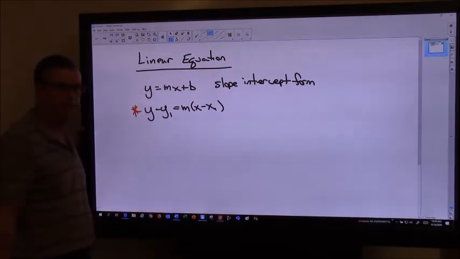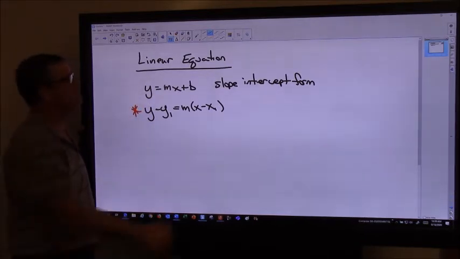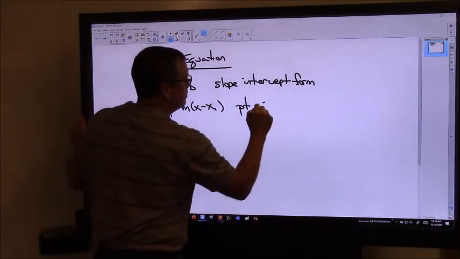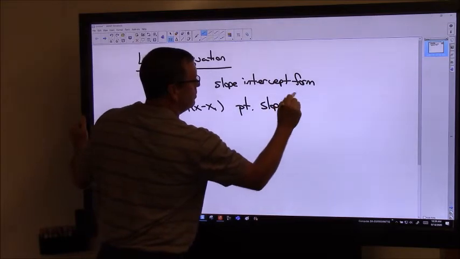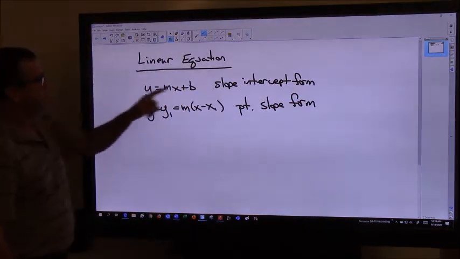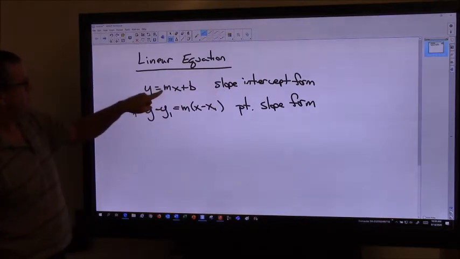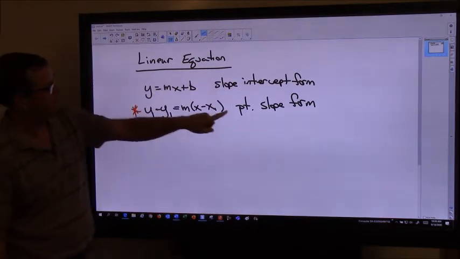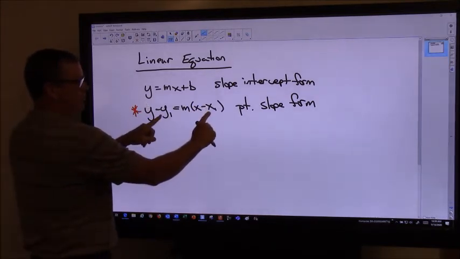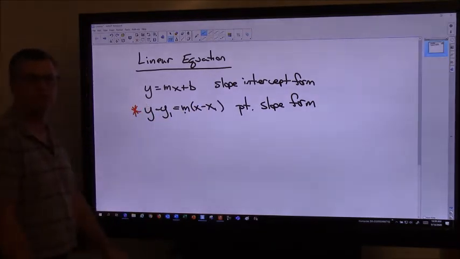Again, I don't know why. I've just seen it happen as a teacher. So this is called point slope form. Okay? Slope intercept because we know the slope and we know the y-intercept. Point slope because we're plugging in the values from one point and we know the slope.